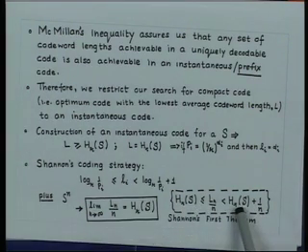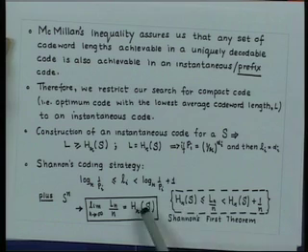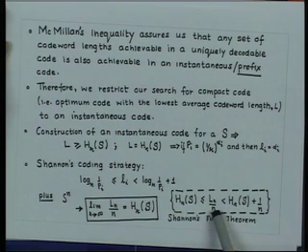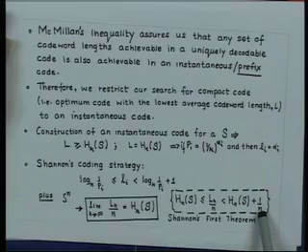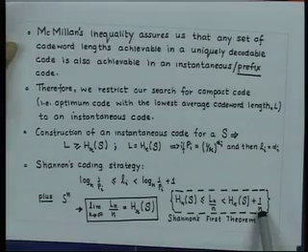What this inequality says is that as n tends to infinity, I can get this value of Ln by n as close as possible to the entropy of the source, and this inequality is in fact Shannon's first theorem or noiseless coding theorem.